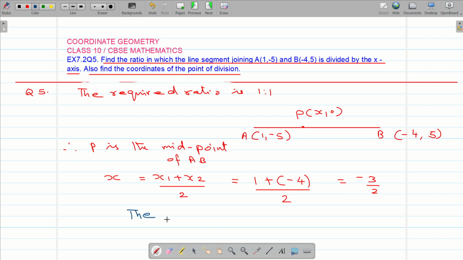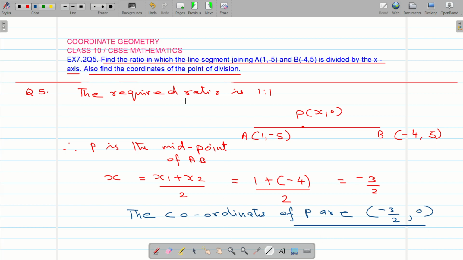Therefore, the coordinates of P are minus 3 by 2 comma 0. There are two parts in this question. First of all, we have to find the ratio in which P divides AB and also find the coordinates of the point P.